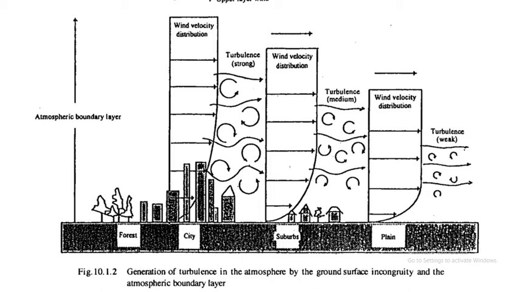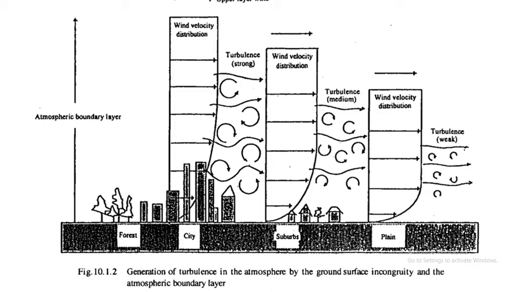The turbulence of the wind created by the roughness of the ground is the strongest near the ground surface and decreases as it rises in the sky. What is atmospheric boundary layer? The atmospheric layer where the airflow is influenced by the ground surface is called the atmospheric boundary layer.